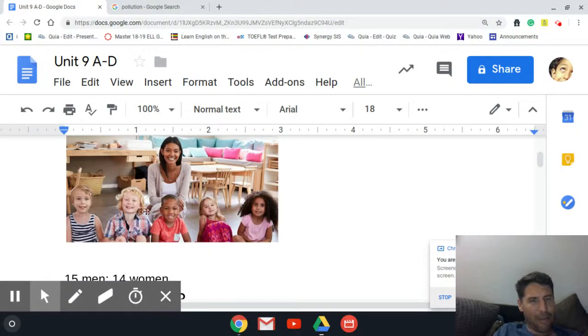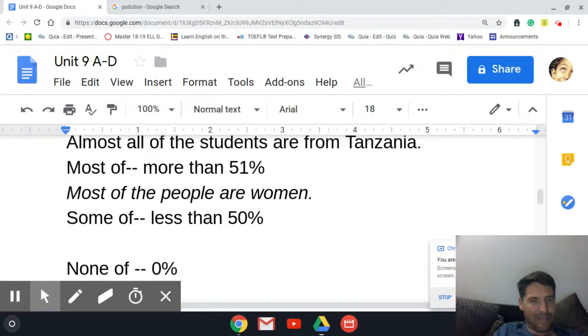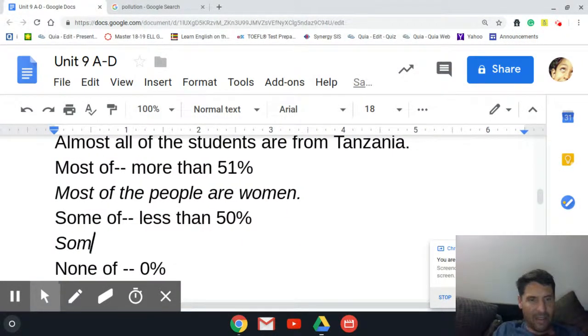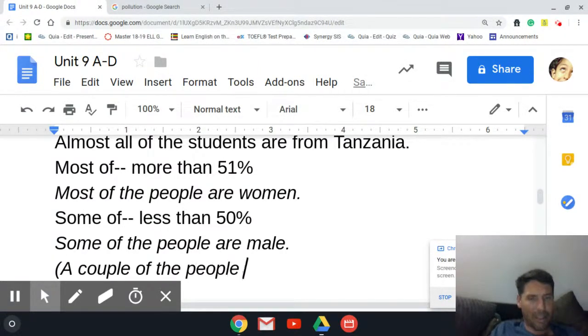So we could say some of the people are male. By the way, and this isn't in the book, but it's good to know, we could also change that to a couple of the people. A couple means two. A couple of the people are male, right? But of course, most of the people are female.